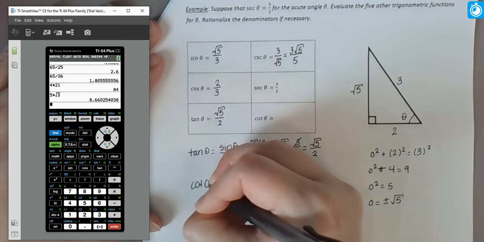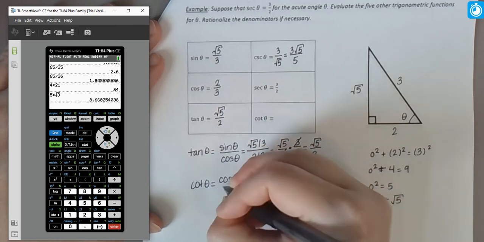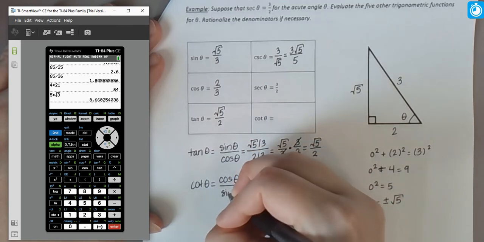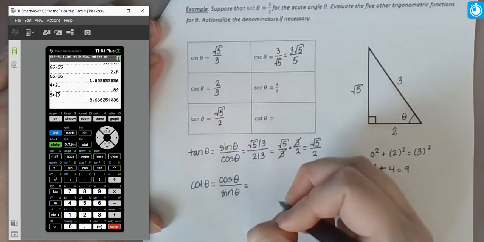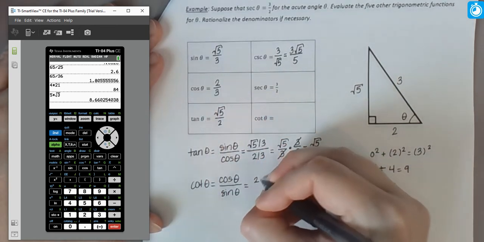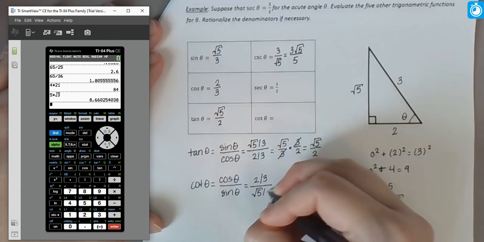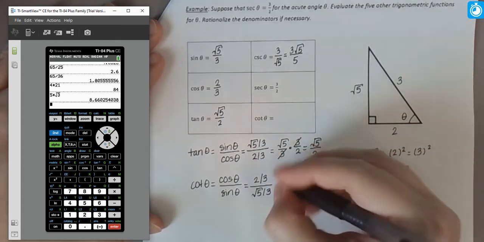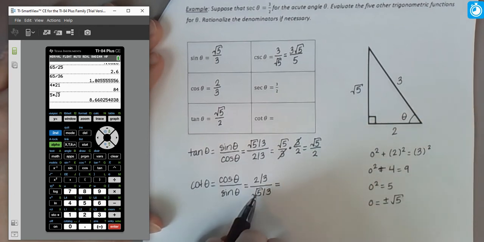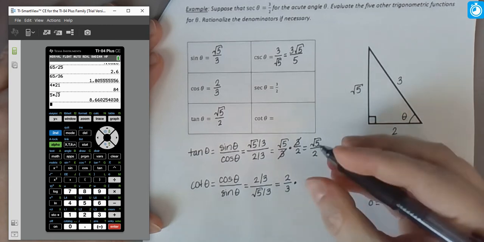So cotangent of theta is defined as cosine theta divided by sine theta. And we know that cosine theta is 2/3, and we know that sine theta is root 5 over 3. Again, we're dividing by a fraction, which is the same thing as multiplying by its reciprocal.